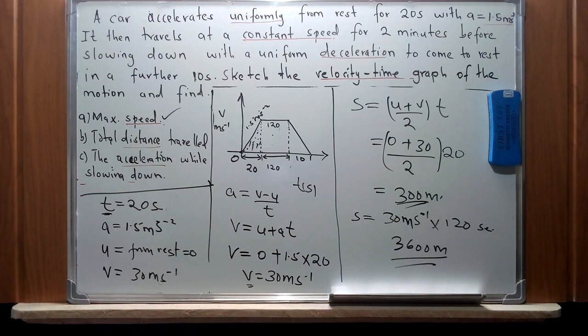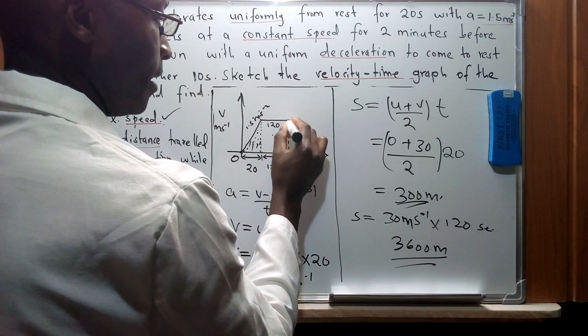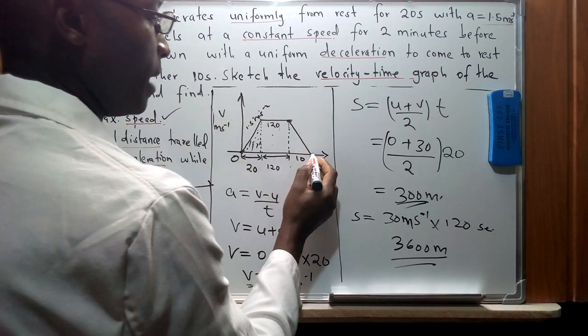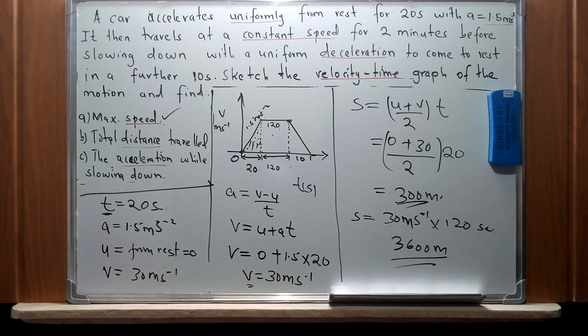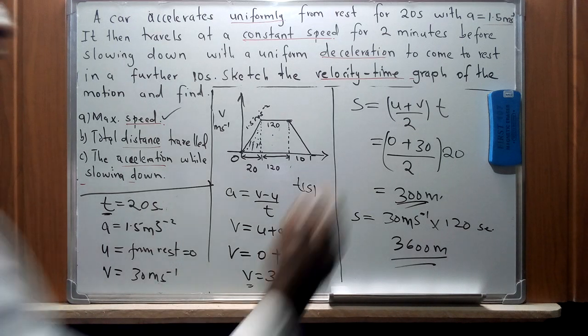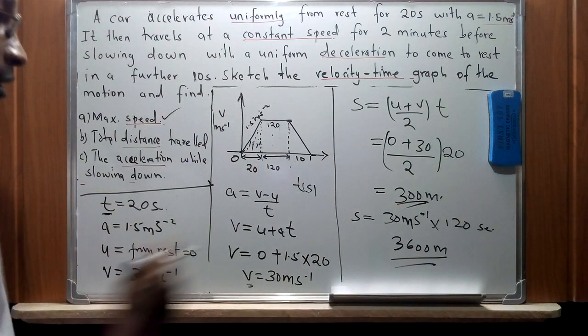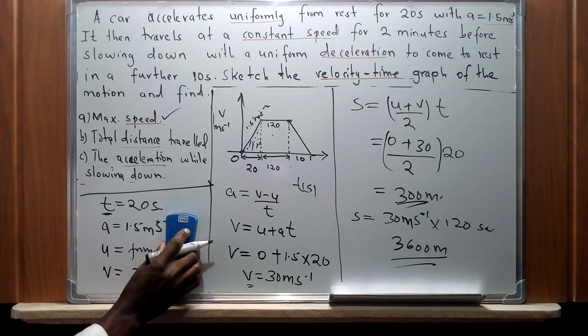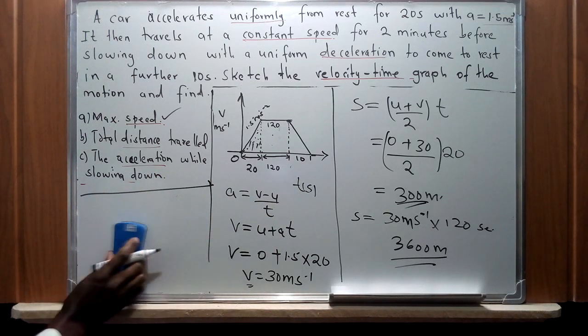And then lastly, we'll find the third phase, when it was decelerating. Given that the initial velocity, when it started decelerating, was 30 meters per second, and the final was 0, we can still use this equation of ours, and I can do away with this first set of information.